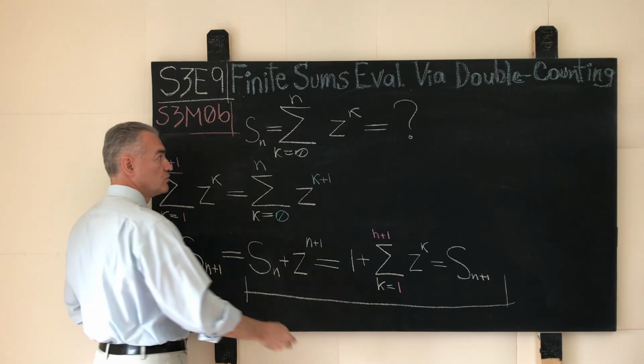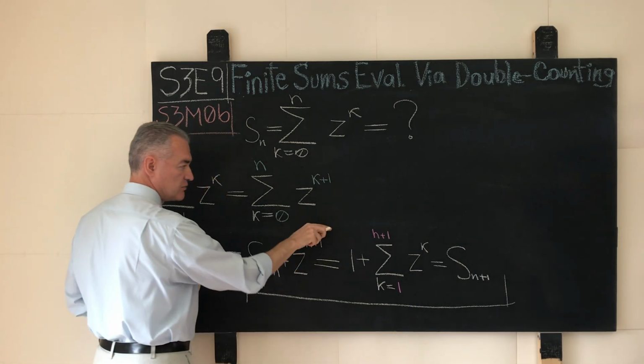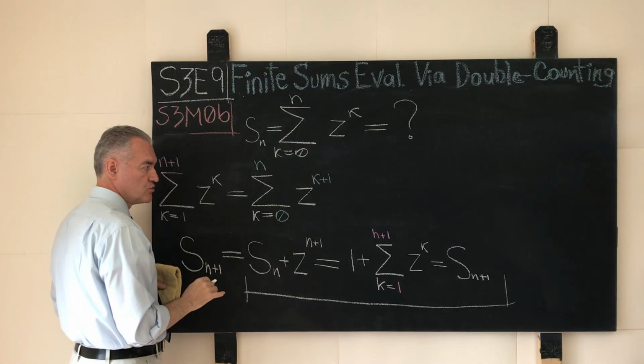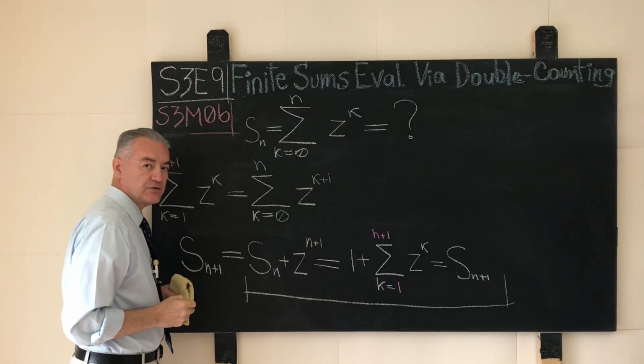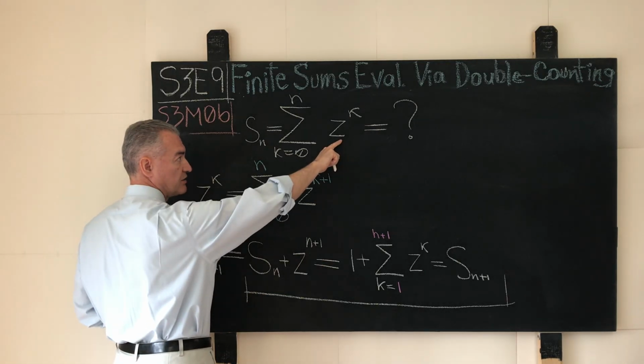So here, what we do is we look at what we have in the given sum. We look at the material available in the re-indexed sum, and we try to shape the summand in the re-indexed sum into the shape that is present in the original sum.